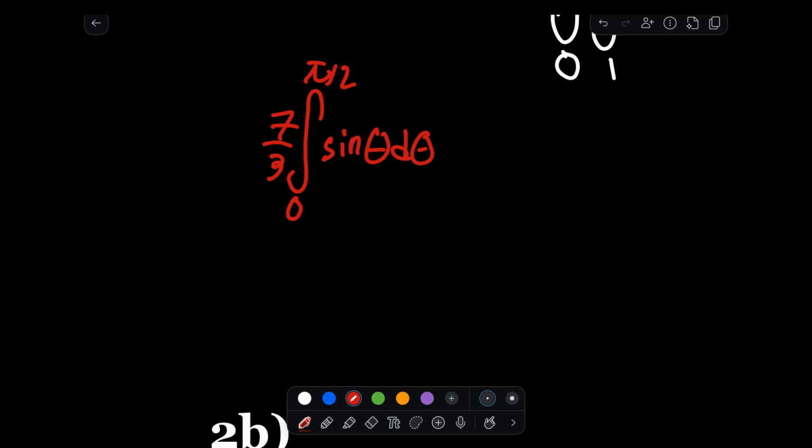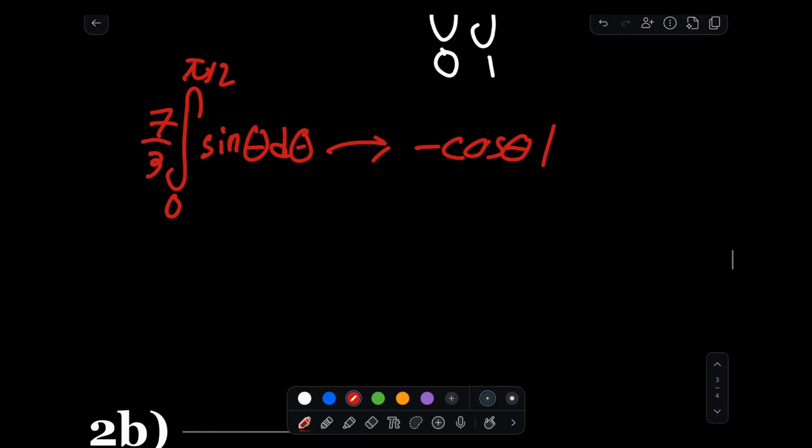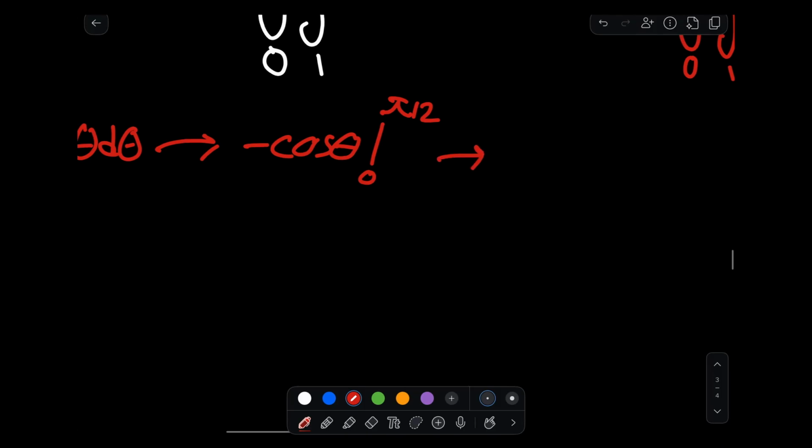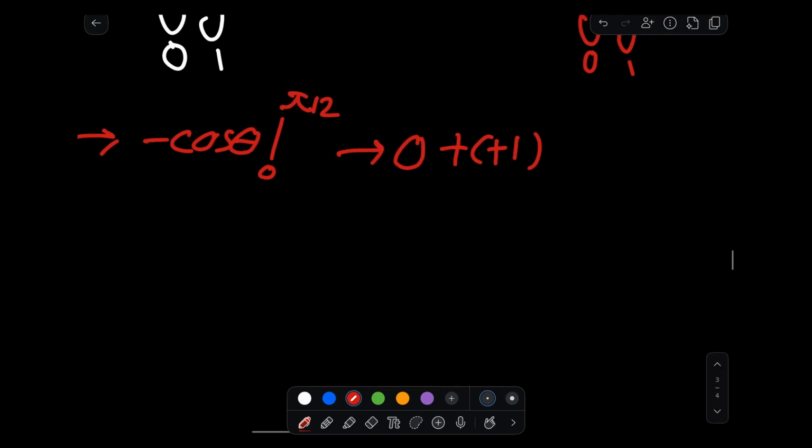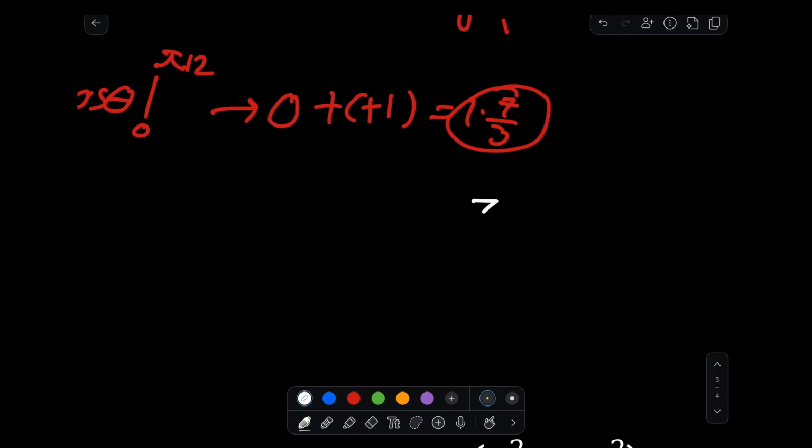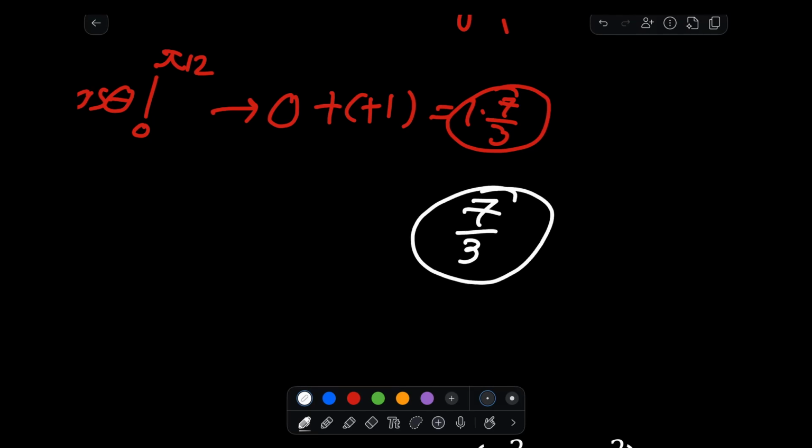Right? And now we can take the antiderivative of this, negative cosine theta, 0 to pi over 2. This just becomes 0 minus negative 1, equals 1 times 7 over 3. And then you get your answer, which is 7 over 3. Perfect.